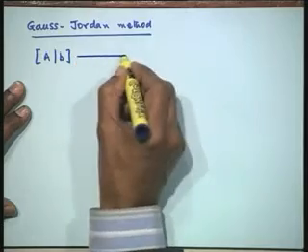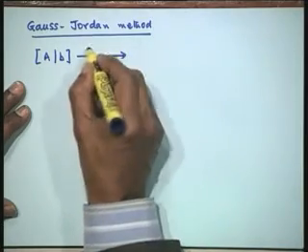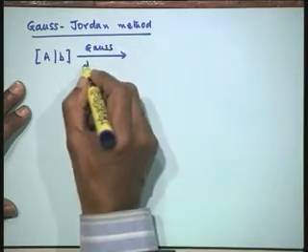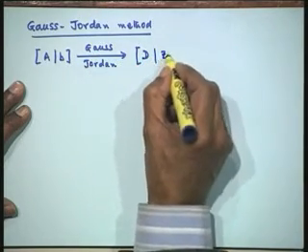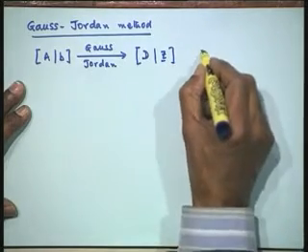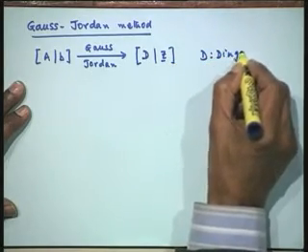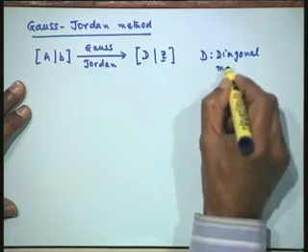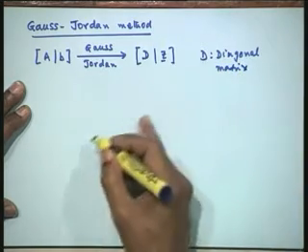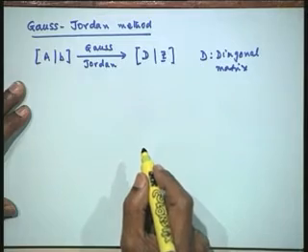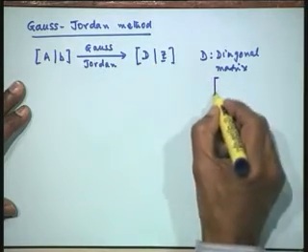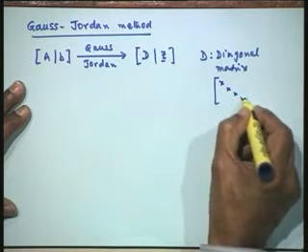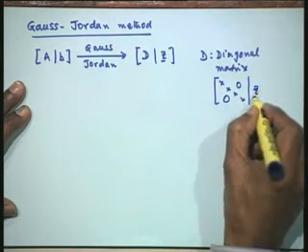So, we start with the augmented matrix AB, and we perform the same elementary transformations. This will now reduce to D with some Z, where D is a diagonal matrix. Now, once I have the diagonal elements, this diagonal matrix has some elements over here, we have produced zeros over here, and we have produced Z over here.